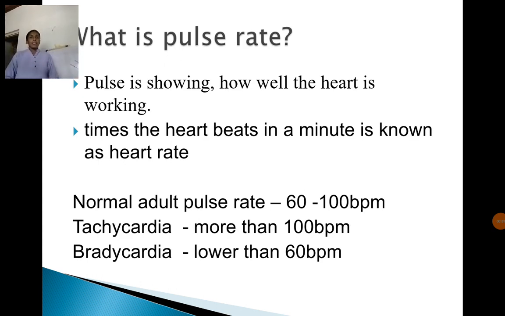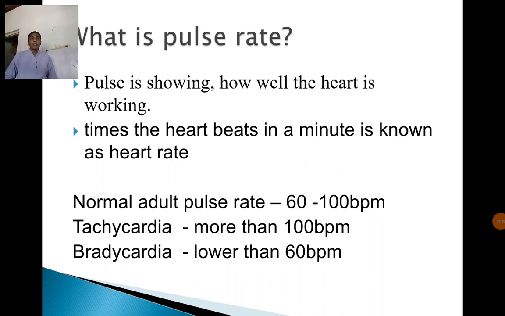What is pulse rate? Pulse shows how well the heart is working. It is one of the main vital signs. The pulse counts the heartbeats in a minute, known as heart rate.